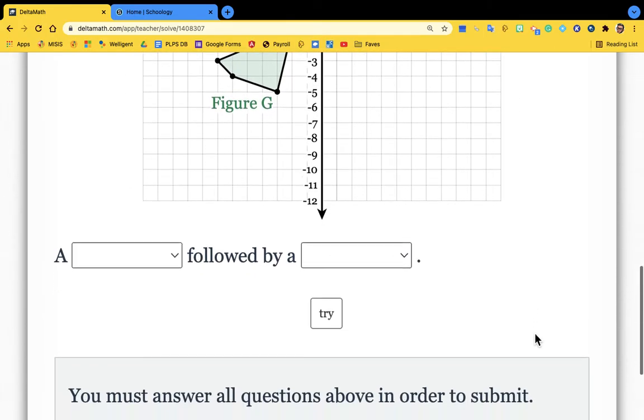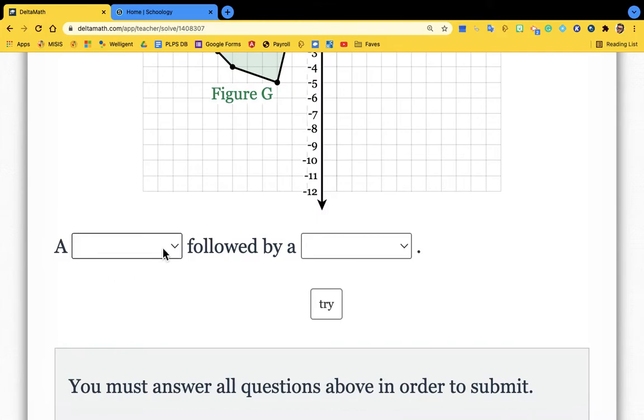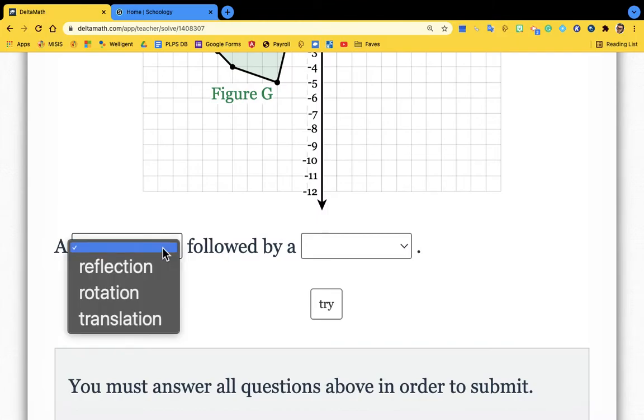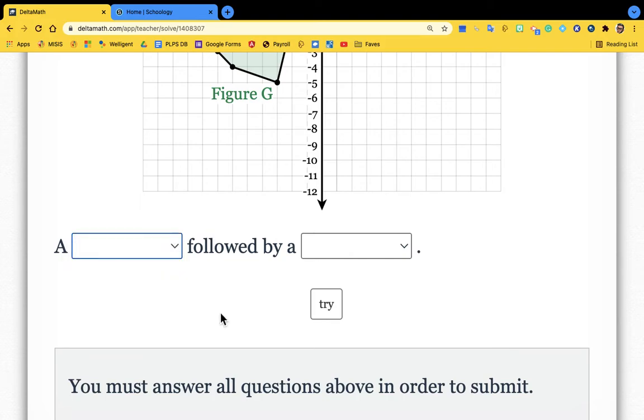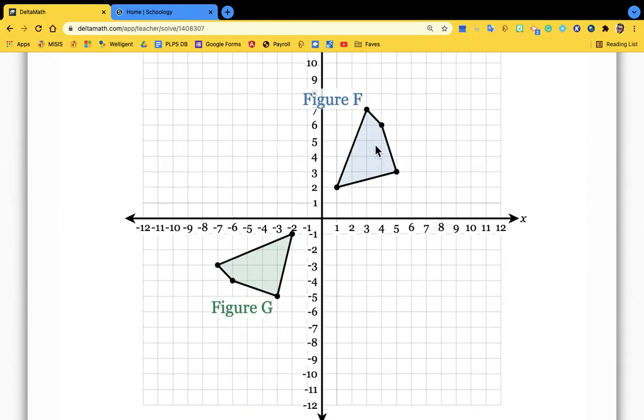Here it says A, and then we have a drop-down menu. Now we have reflection, rotation, and translation, right? So how do we get this blue guy over here to this green guy to be on top?